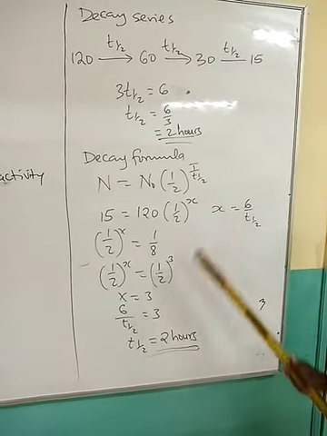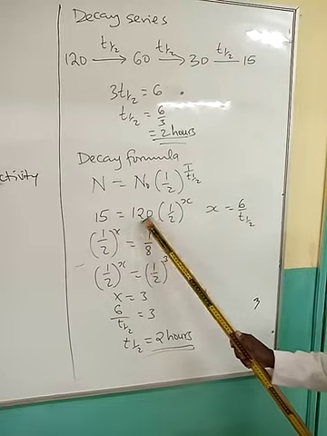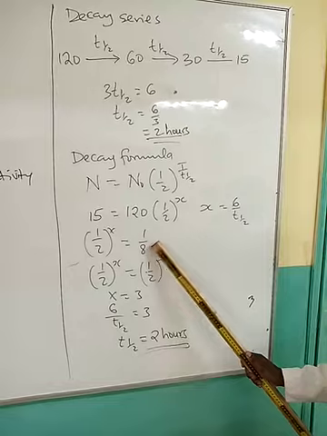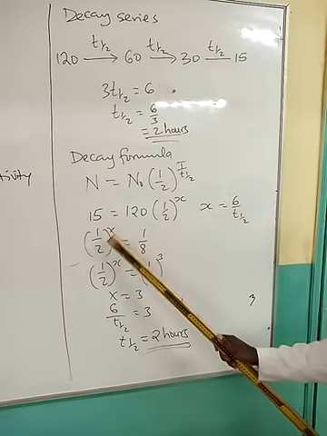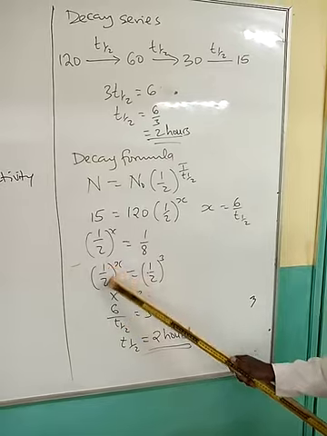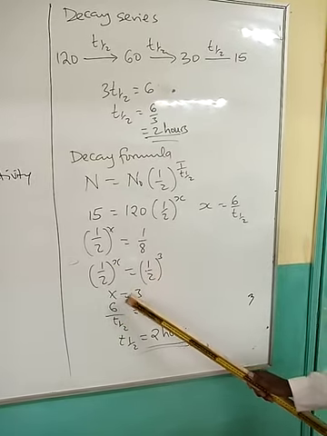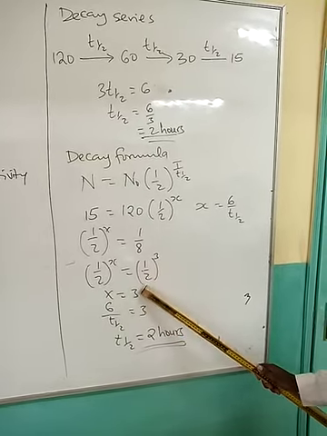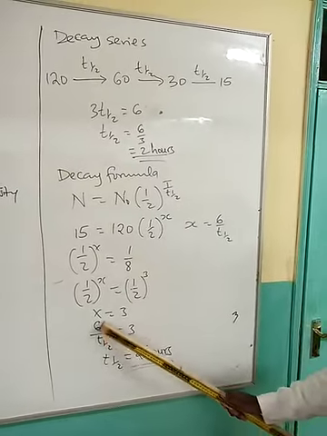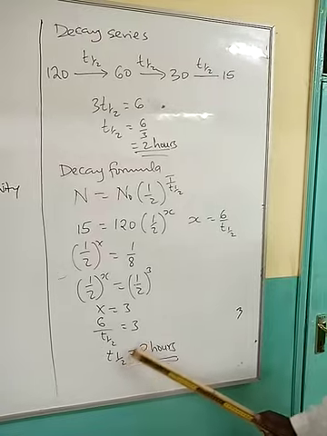So we solve for x first. We divide both sides by 15. We'll get 15 over 120 is 1 over 8. Half power x will just be half power x. Then we write this in a simplified form. We'll have half power x equal to half power 3, so that x will be 3. But since x is 6 over half-life, therefore 6 over half-life is equal to 3, and 1 half-life will be 2 hours.